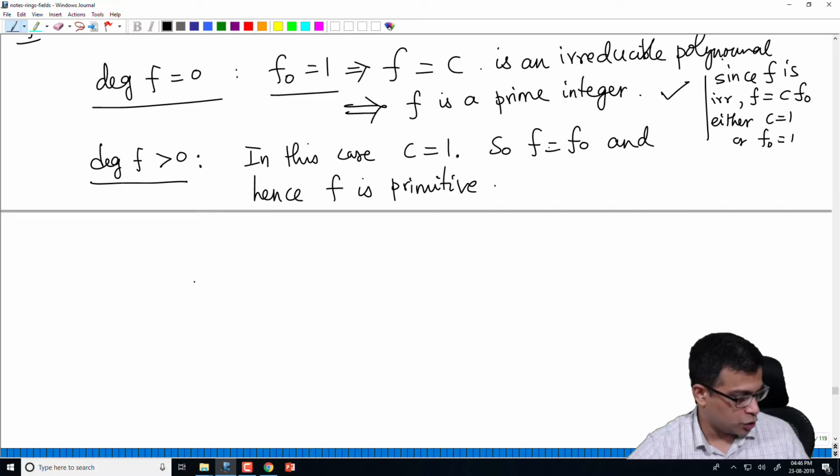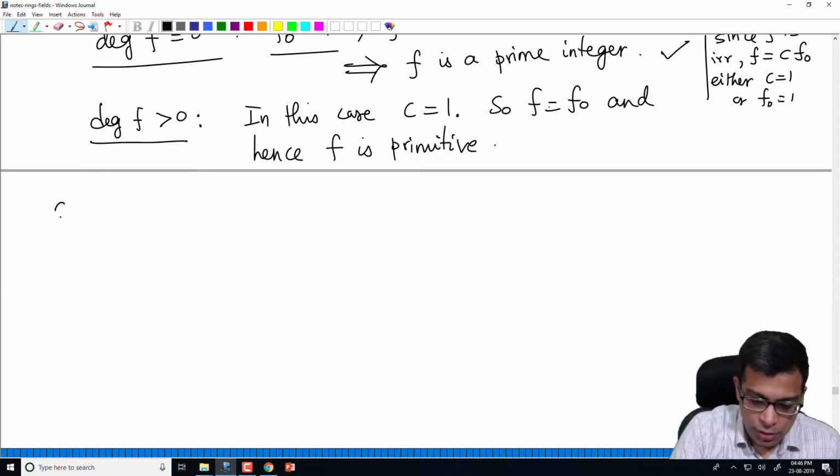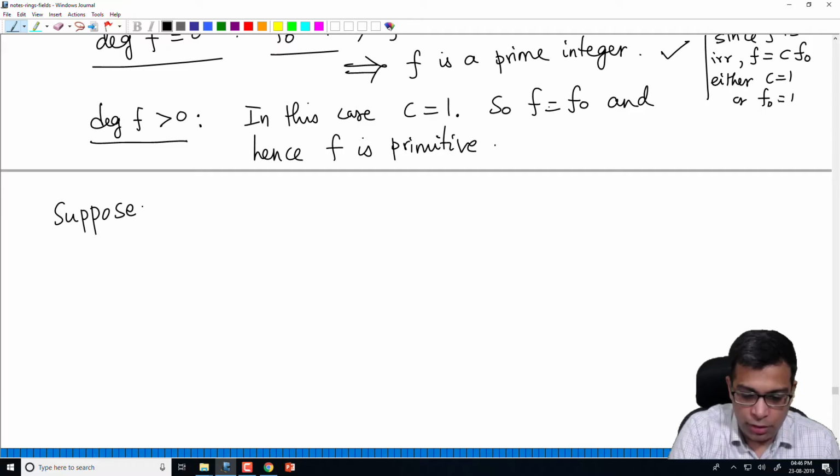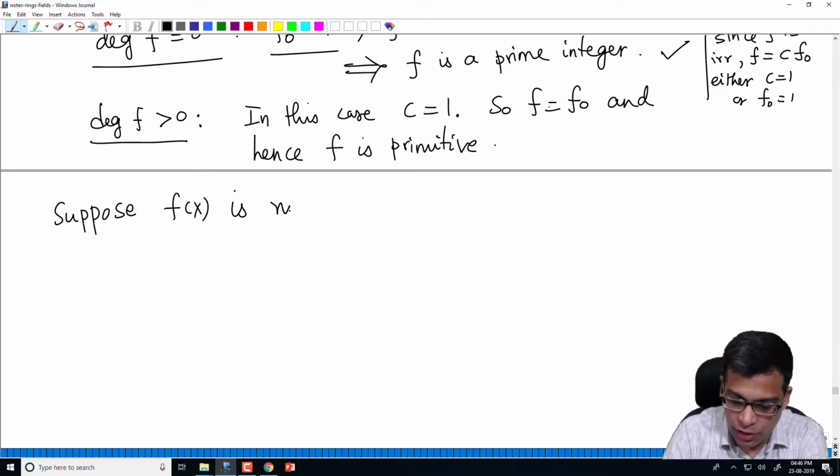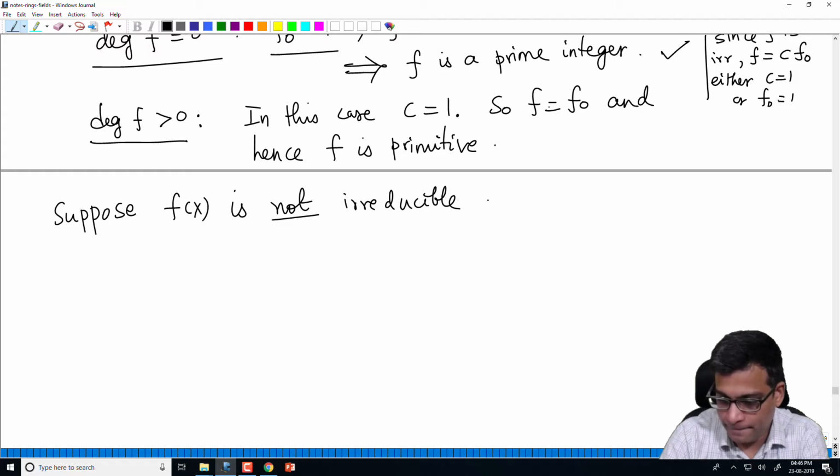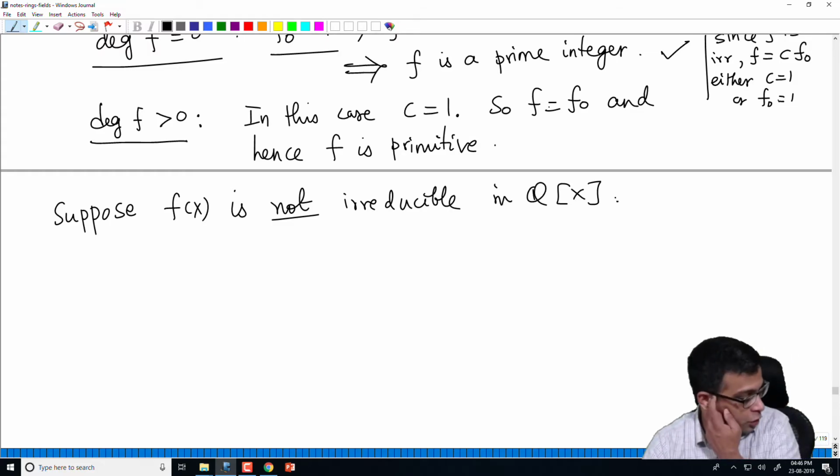Suppose it's not irreducible in Qx. What does that mean? Suppose f(x) is not irreducible in Qx. What is the meaning of not being irreducible?